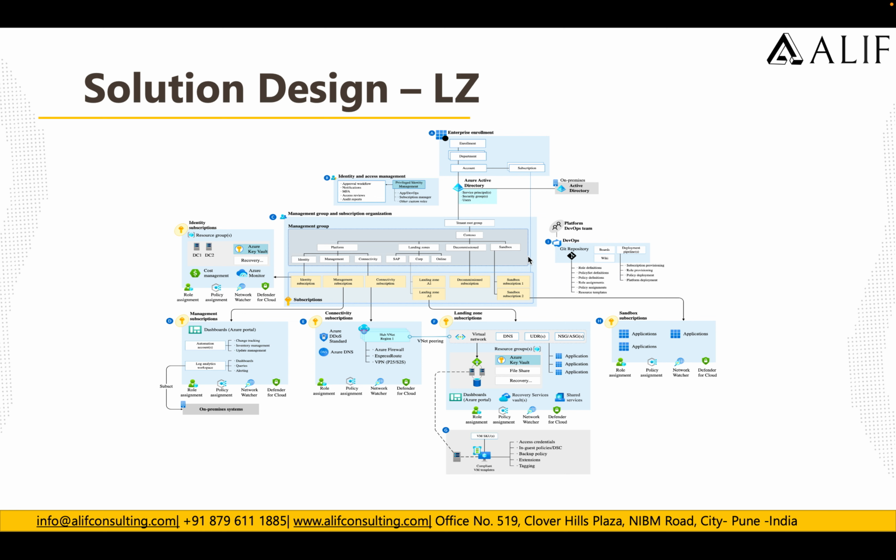Now this is how the landing zone has been designed. It's similar to what Microsoft recommends. We have identity and access management. We had the enterprise enrollment number, where the customer had their EA portal, right? They had the on-premise Active Directory. That Active Directory has been extended to Azure because they had a 70% workload running on Windows machines, and that's where Active Directory is always required for centralized management of identity.